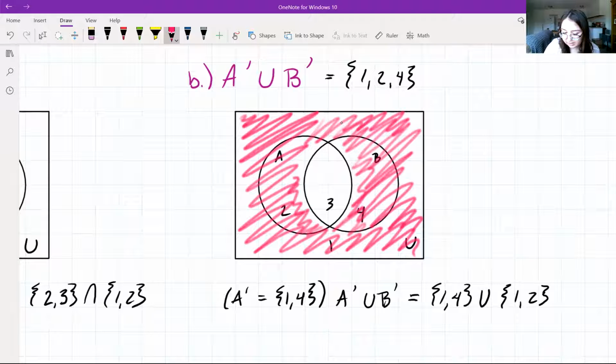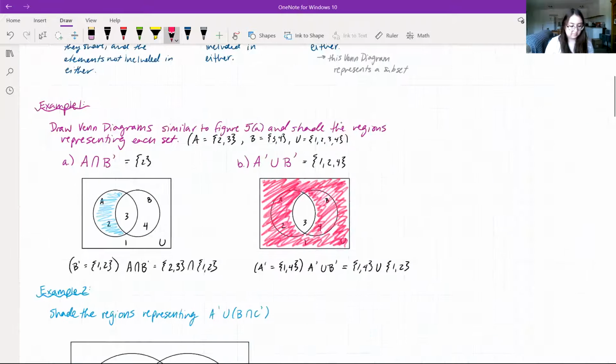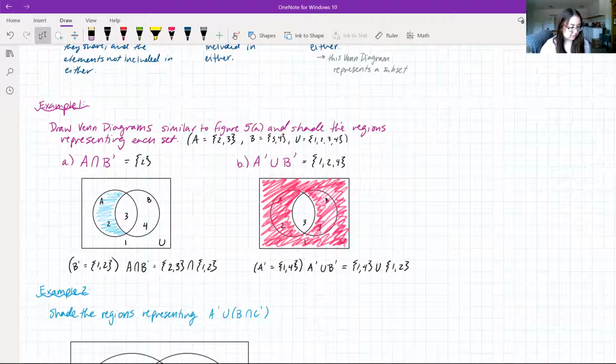Just make it clear that 3 would be the only area not. Just fill it in as much as possible there. And there we go. So those would be our 2 completed Venn diagrams.